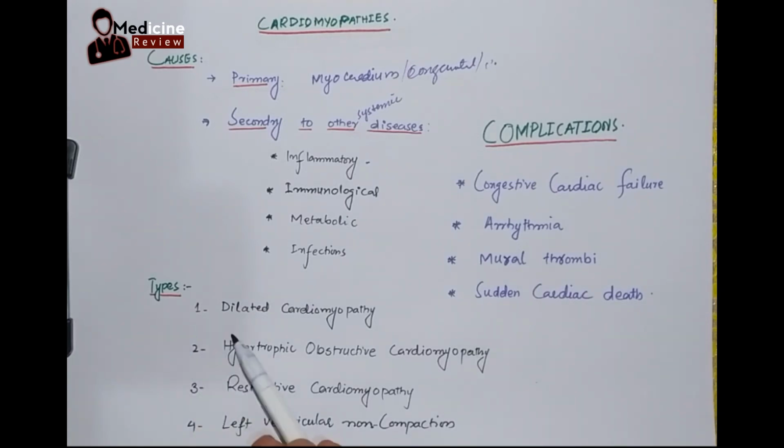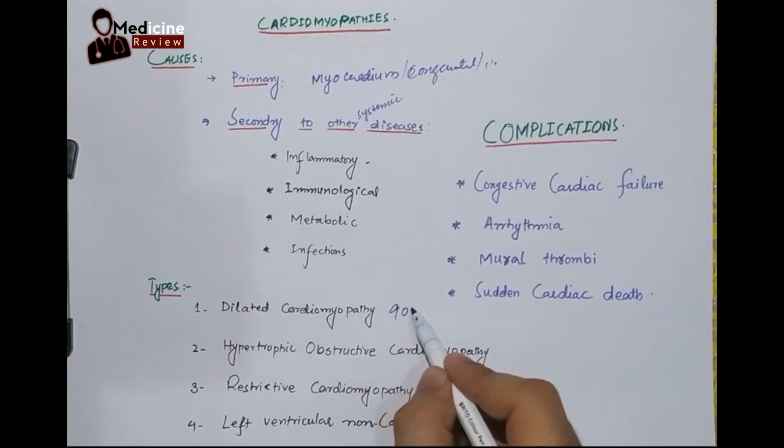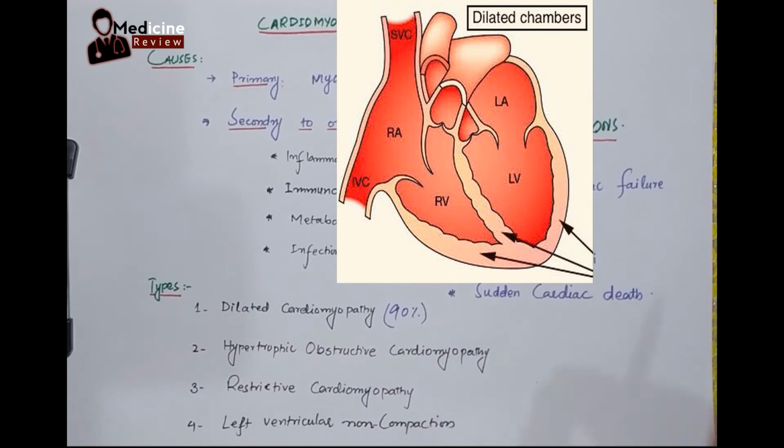If we look into the types of cardiomyopathies, the most common one, approximately 90% of cardiomyopathy, is dilated cardiomyopathy, where there is dilation of the whole heart, or specifically we can say the ventricle gets enlarged.